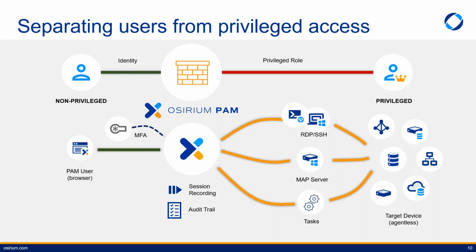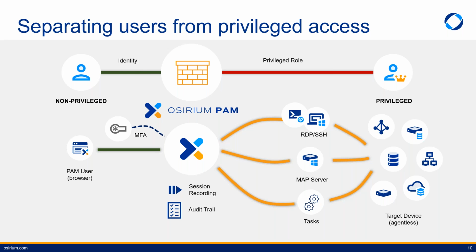It could be RDP, SSH connections, browser connections to do full administrative duties. It can also be, as I mentioned on the previous slide, about controlling individual applications. You may only want database support providers to come in and use database tools. You don't want them to have access to the full server and have underlying access to an operating system.